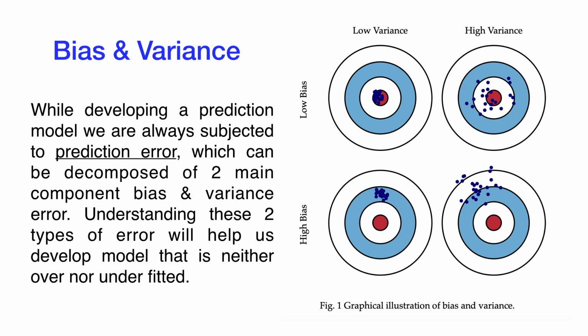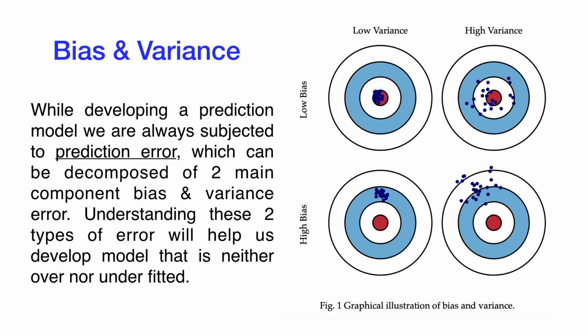On the other hand, if each time we do the experiment, it is all over spread but around the bullseye, then it has a high variance with low bias. And the final one is where it is away from bullseye and also it is all over spread. That means it has high variance and high bias.